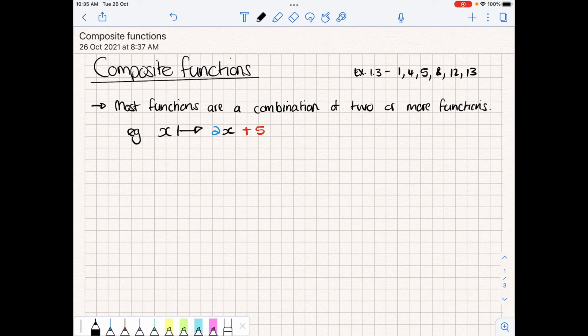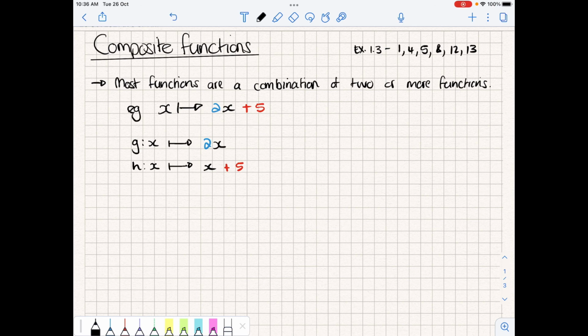We could say that maybe this was the function g of x, which said take the variable x and multiply by 2. And then take the result of that and put it into another function. We can maybe call this function h of x. And the function h of x is take the result and add 5.